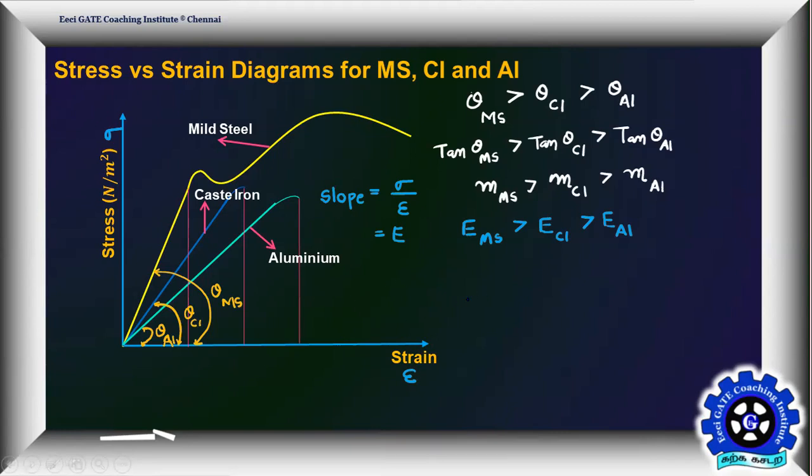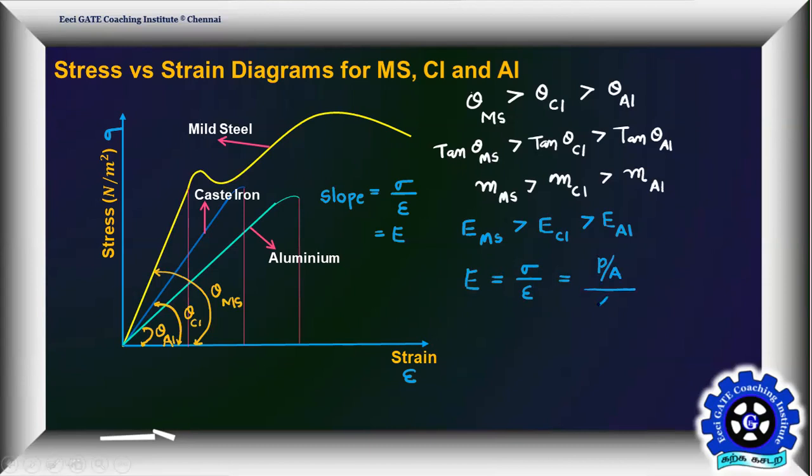Okay, now good. Here we know that E equals stress by strain. Stress is nothing but P by A, load per unit area of cross section.